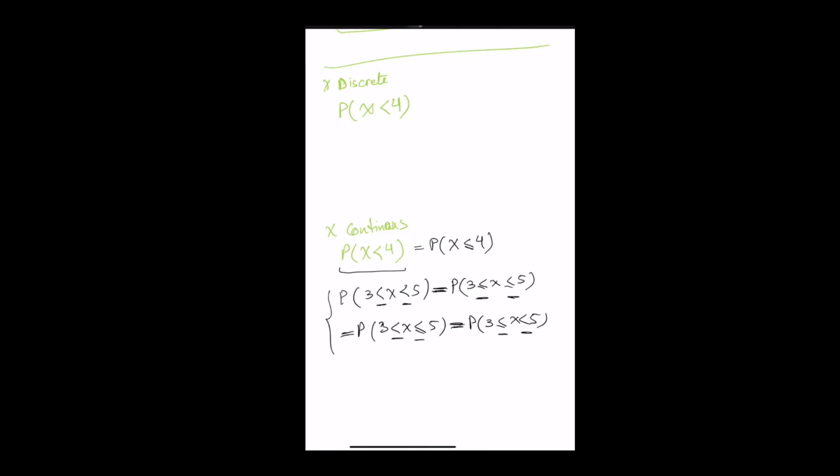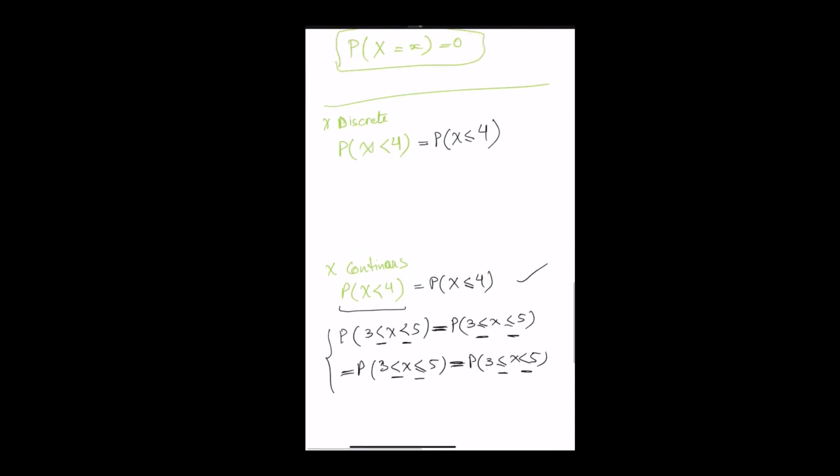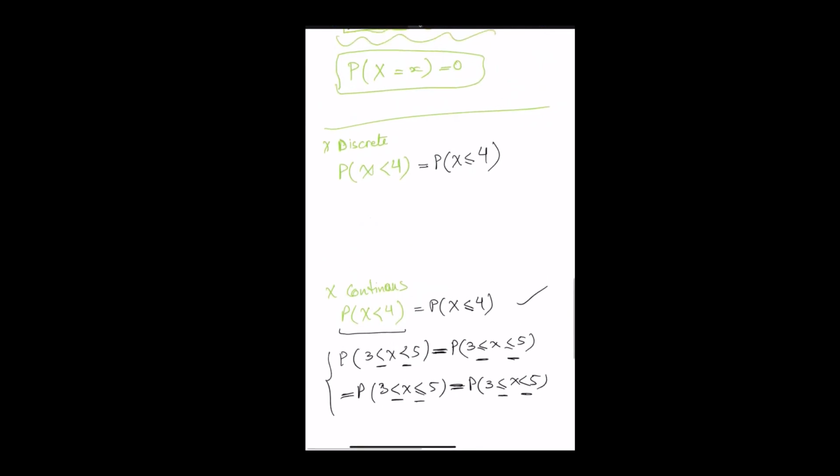However, if x is a discrete random variable, how about this? Can I say these two are equal, similar to what we have for a continuous random variable? No. When I say probability of x less than 4, with x between 3 and 7 similar to the previous example, what are the possible values that x can get?